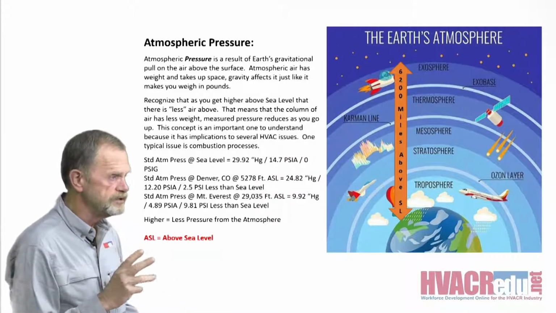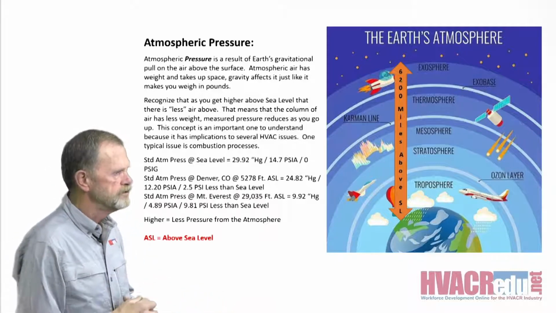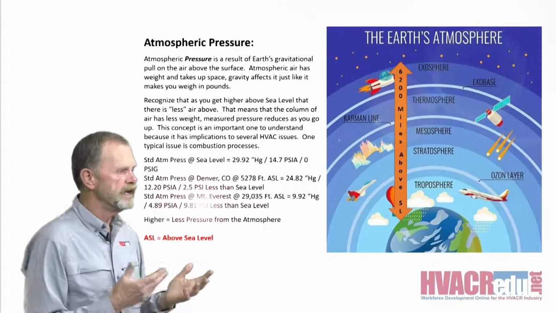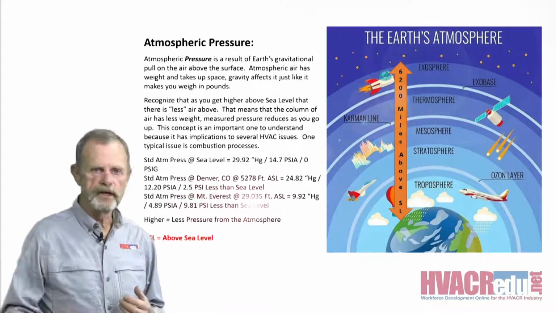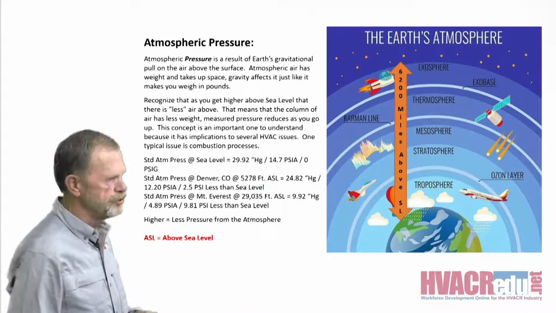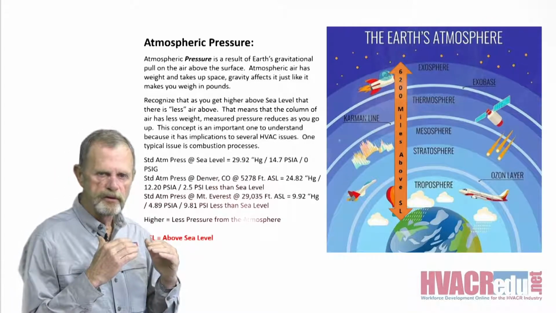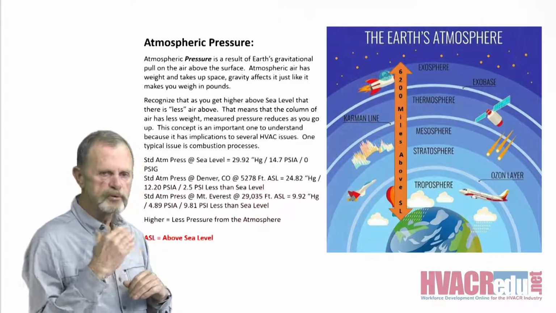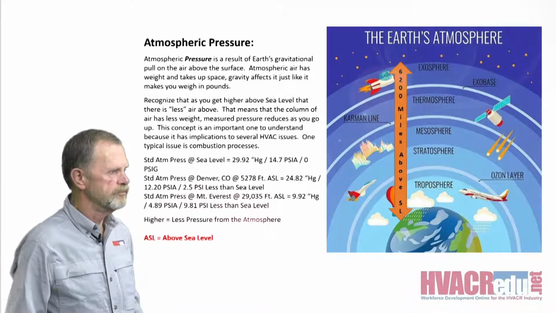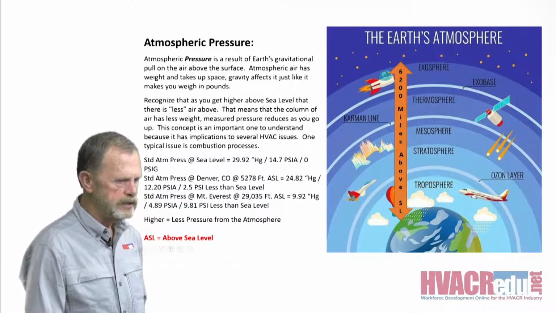We lost basically 20 inches of mercury on that measurement. It's 4.89 psia, and it is 9.81 psi less than at sea level. So it should be logical that as you go higher up in the atmosphere, but still on the surface of the planet, like Mount Everest, you have less pressure upon you. Higher equals less pressure from the atmosphere. Okay. Did you get it? I hope so.